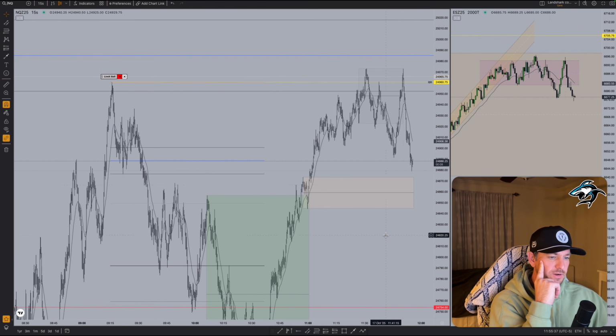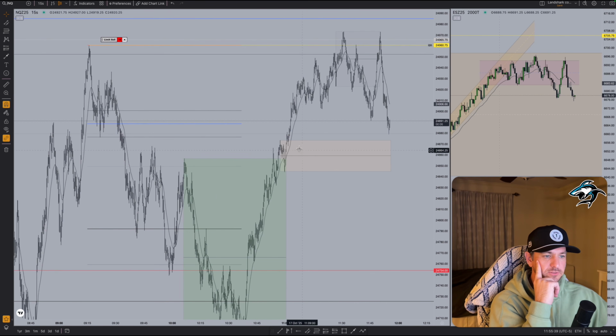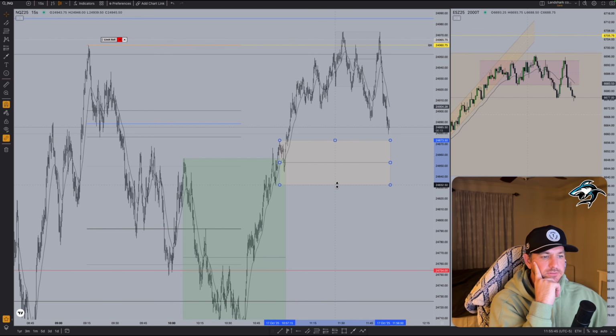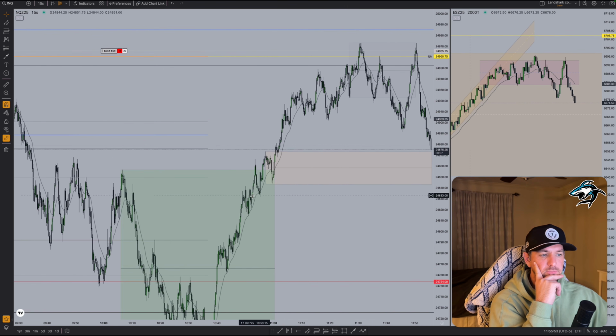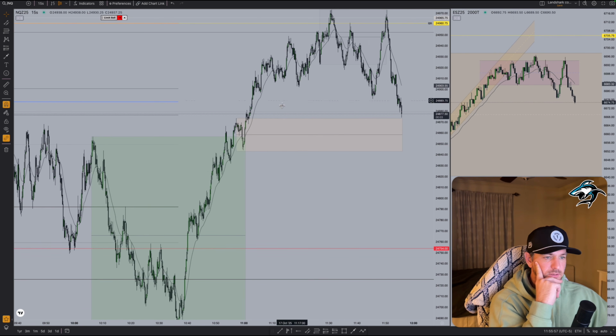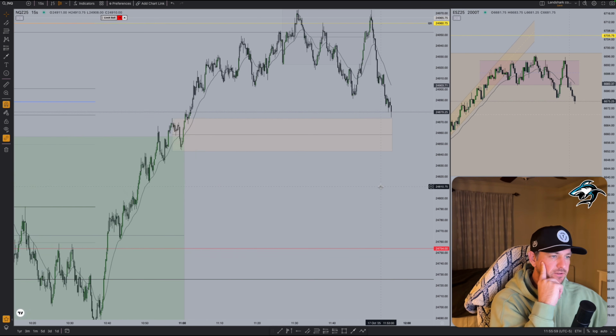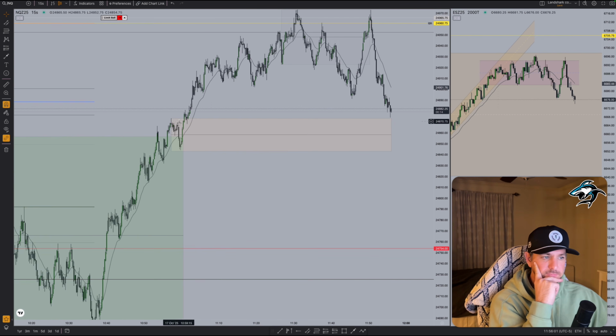So why this area? You might ask, why do I have a box here on this area? And the box really could extend to here. But this is the area that we created a little bit of movement and then popped, right? So if there are any buyers that are left, the first stage of them would be sitting right here.